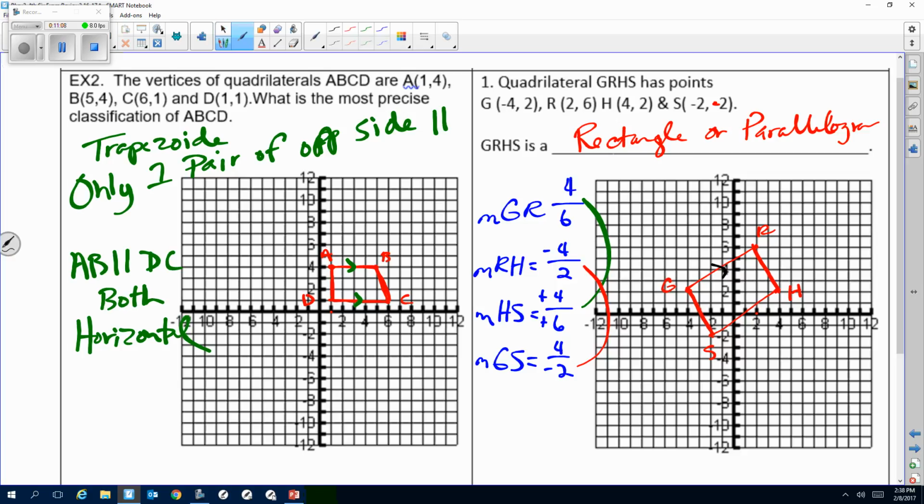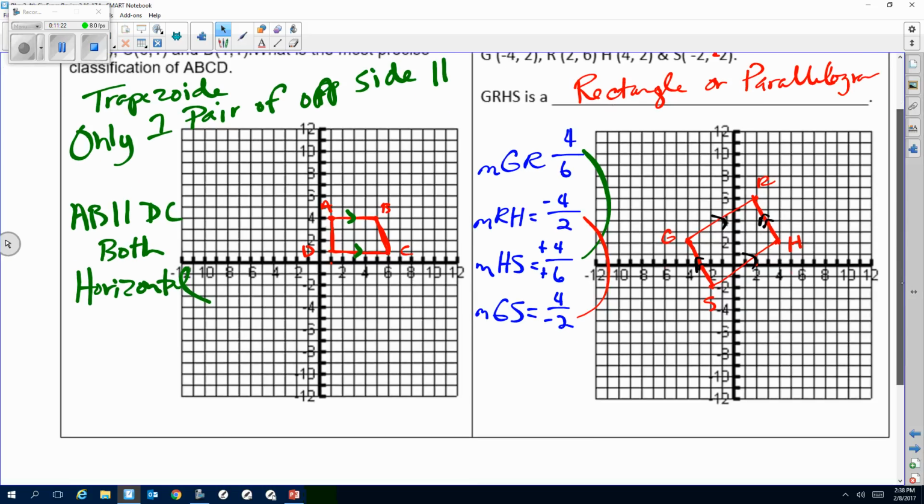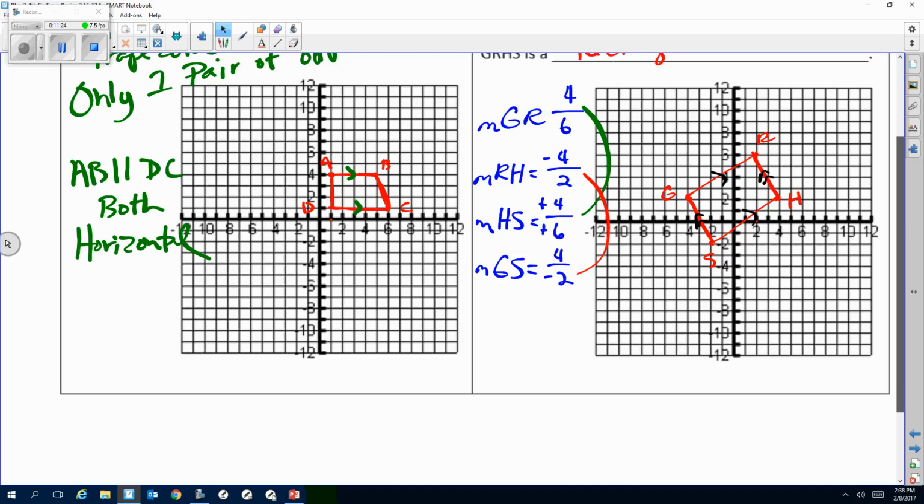So there's my arrows to show that. And then I want to look at, do I have perpendicular? If it's a right angle, if it's a rectangle, it has to have perpendicular. So let's look at consecutive sides. Let's look at GR and then RH. GR was the 4/6, which can reduce to 2/3.